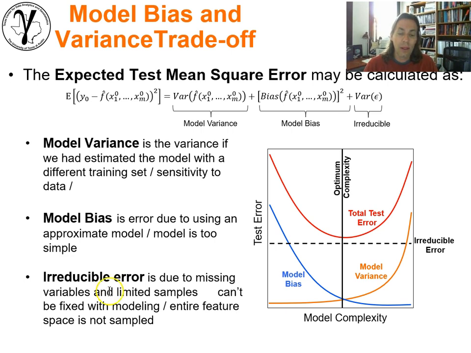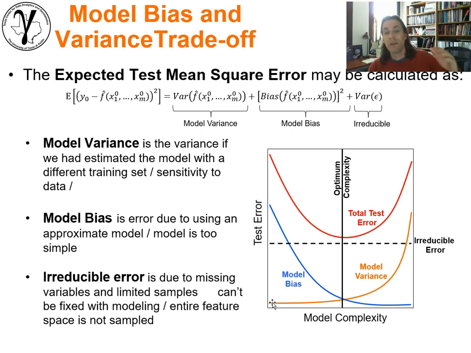So if we were to actually look at the behavior of model variance, model bias, and irreducible error, as we change the level of complexity of the model, we go from a simple model here to a complicated model here, what we'll find is that model variance will be low for a simple model. Simple models aren't very sensitive to the data.